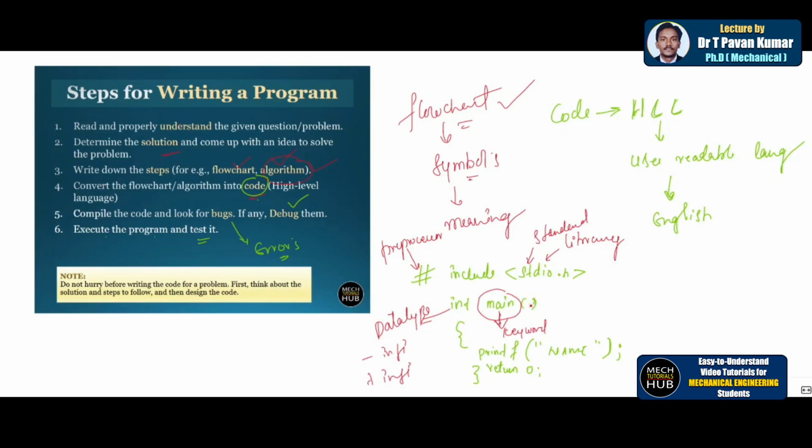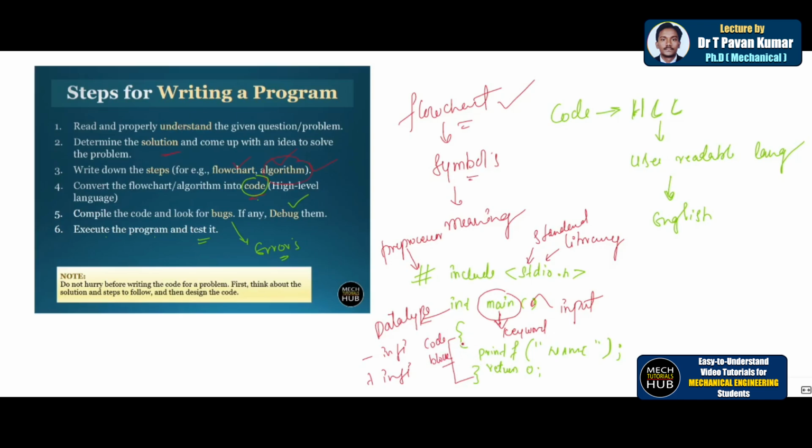This bracket represents the input. And as I said, from this opening flower bracket to the closing flower bracket, we call it the code block.